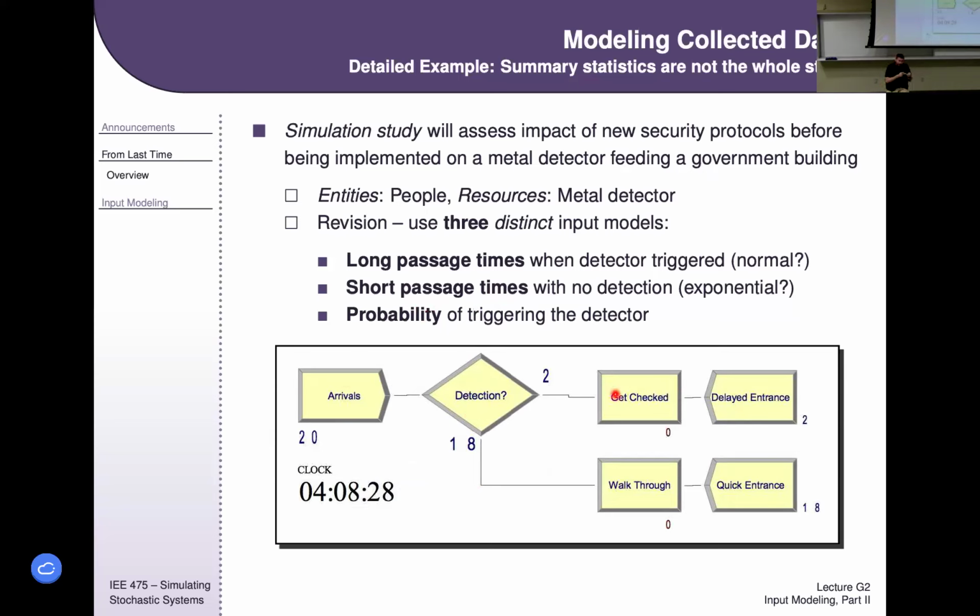A fraction of them get checked and go through the delayed entrance. And the other portion go straight through the metal detector and go through the quick entrance. So this is a total revision of the structure of my model just by looking at the distribution of the data. So that tells me how many input models I look at. Sometimes your data will speak to you and will tell you how many models to choose.